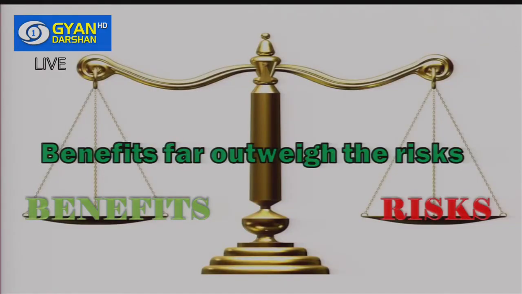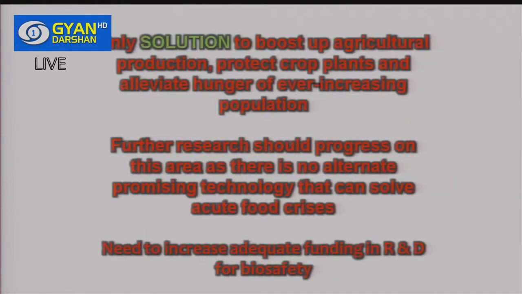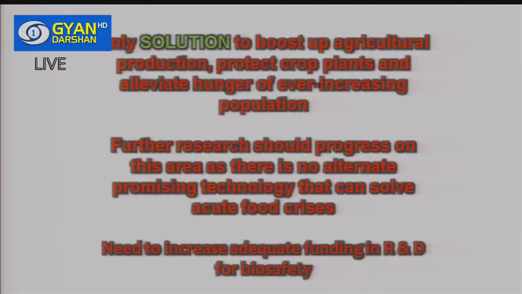So if you compare the benefits and risks, you find that the benefits far outweigh the risks. Benefits are more rather than the risk. So in the current situation, this technology is the only solution to boost agricultural production, protect crop plants, and alleviate hunger of an ever increasing population.